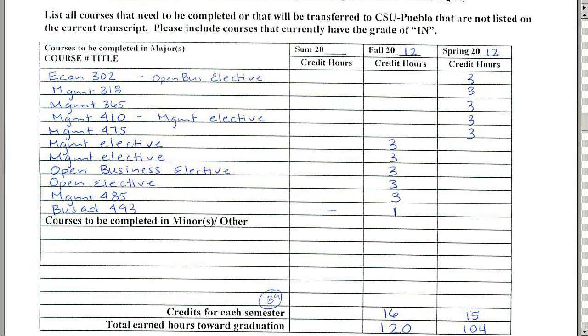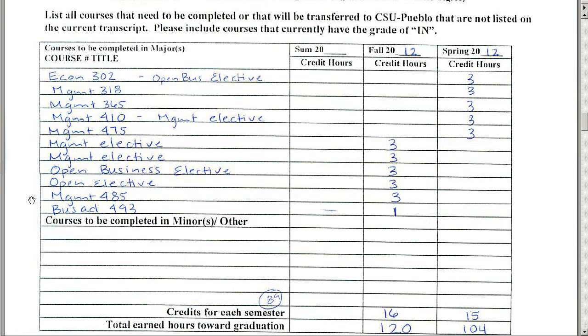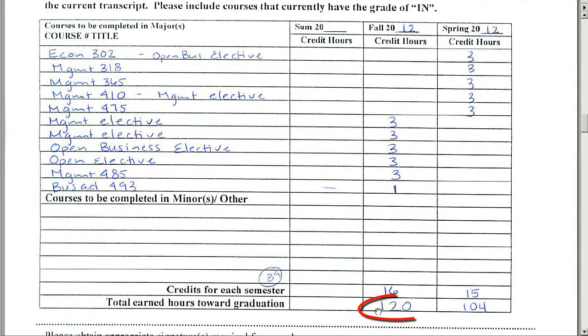From there, you will identify what is still remaining for the student to graduate. This student needs 2 management electives, 1 open business elective, 1 open elective, a required course, and another required course. All of those totaling up to 16 credits to complete the required 120 credits for graduation.